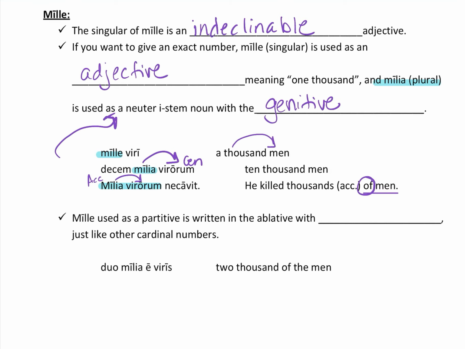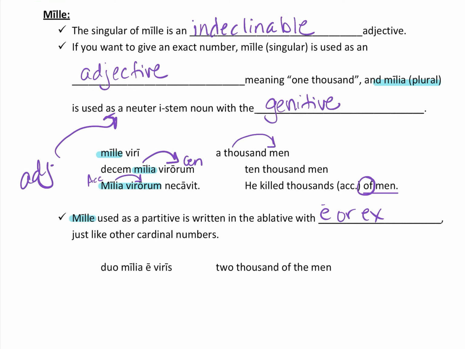Mille is used as a partitive, written in the ablative with e or ex, just like the other cardinal numbers. So here it's being used as an adjective, right? Here it's being used as a partitive, just like the other cardinal numbers. So this is mille, singular.